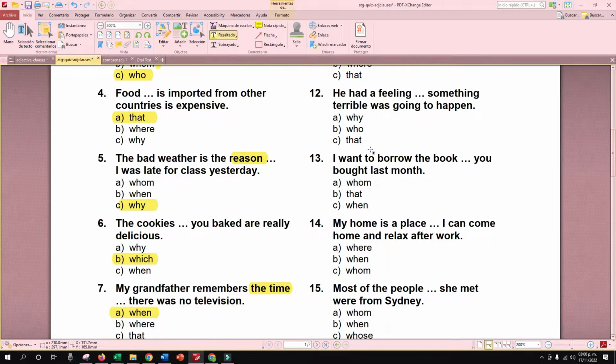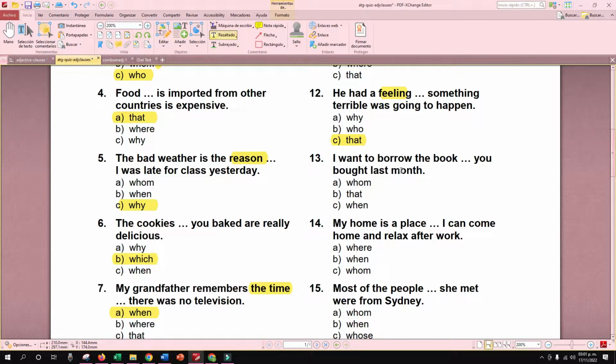12. He had a feeling something terrible was going to happen. So you have there why, who, or that. Which could be feeling. That. Aha, that. Excellent. Something terrible was going to happen.